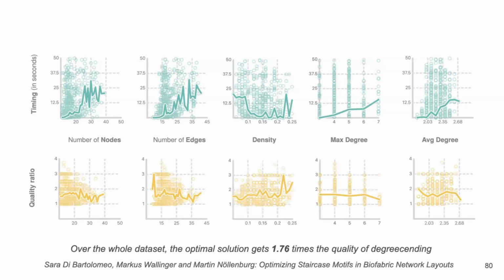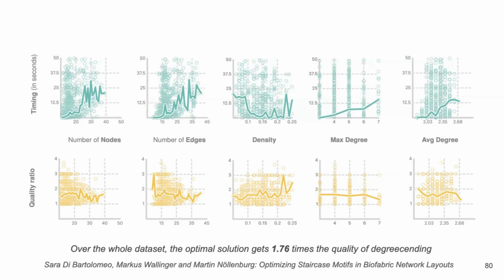This is instead the quality ratio compared to degree ascending, the heuristic that I showed before. So here you have how many times the linear programming formulation produced a result that was better in quality than the other one. The line is always above 1, which means that it is always better.